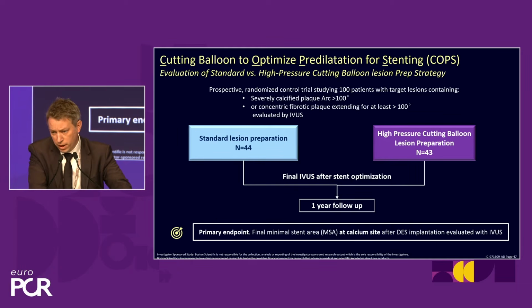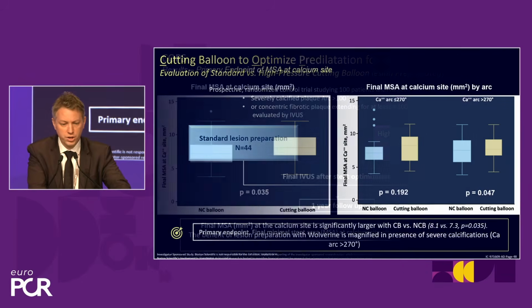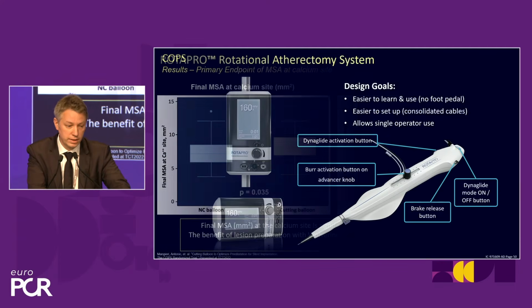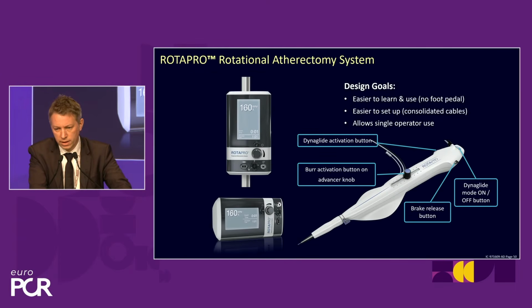I mentioned either nominal pressure or high pressure. There is some evidence from the COP study suggesting that cutting balloon angioplasty applied at high pressure can result in a better degree of lesion preparation and calcium modification as compared with standard approaches. So increasingly we're using cutting balloon angioplasty to high pressure.